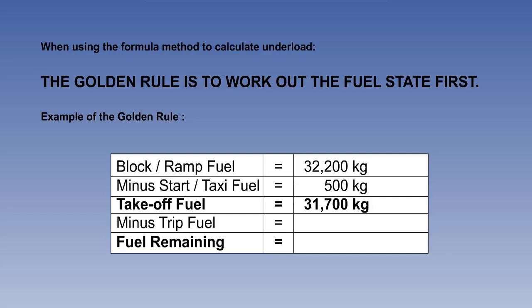This gives us a takeoff fuel of 31,700 kilograms. The trip fuel is 9,000 kilograms, and we must subtract this from the takeoff fuel, which gives a fuel remaining of 22,700 kilograms.